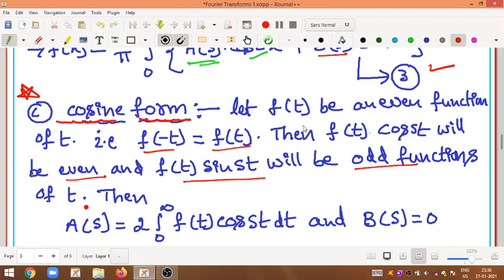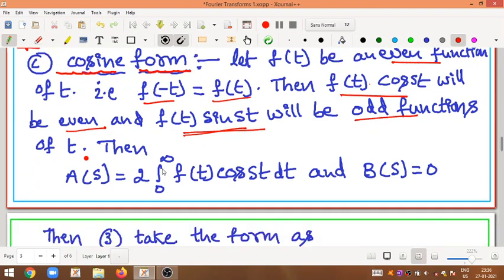Why? Because this one is even, so this one becomes odd.